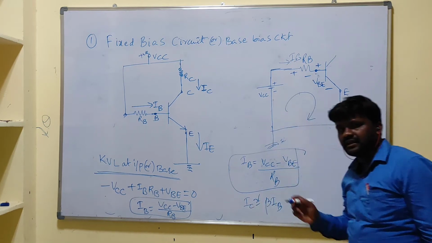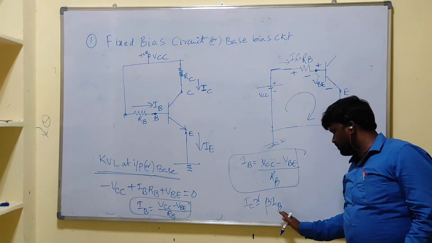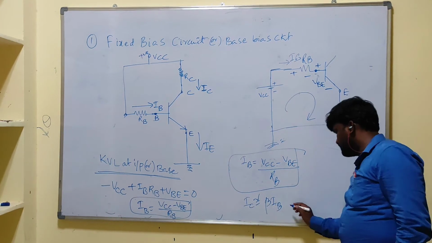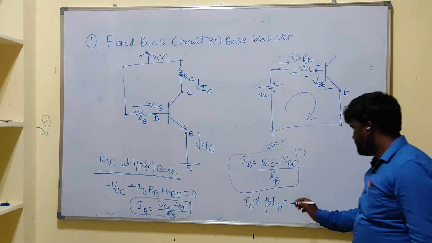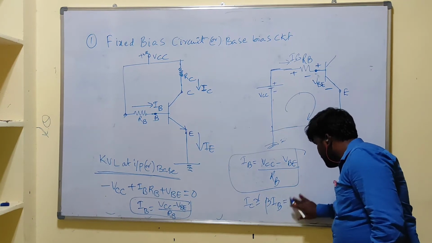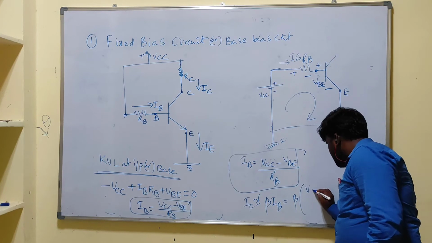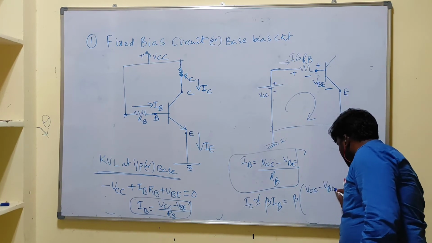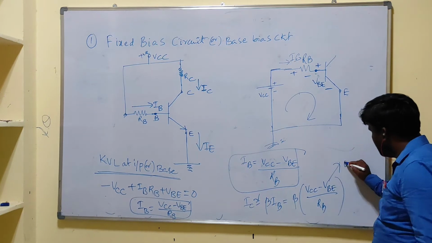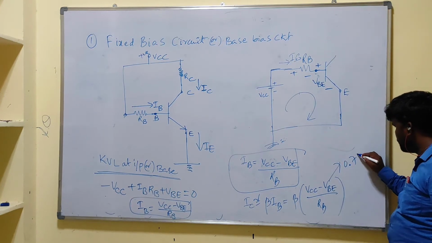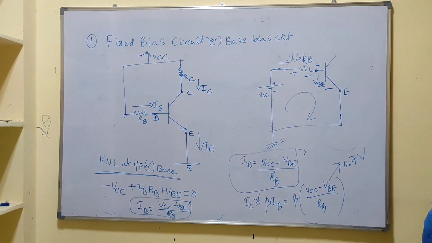Here I am neglecting the 1 plus beta factor, since compared to beta IB that is a smaller one. That's why IC is approximately equal to beta IB. Then we can write this as beta times VCC minus VBE over RB. This VBE value is fixed. For a silicon transistor, it is 0.7 volts.